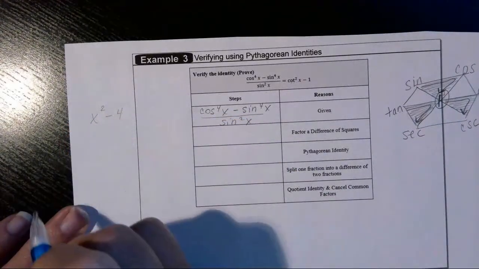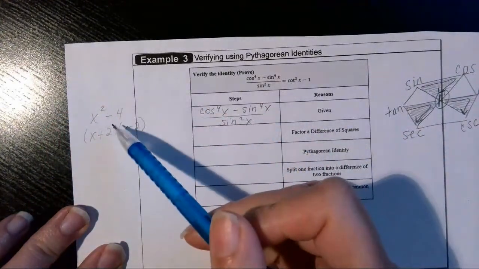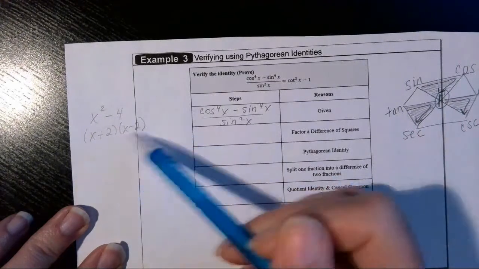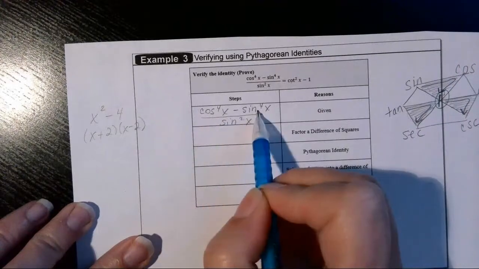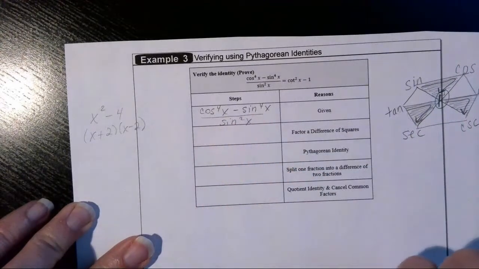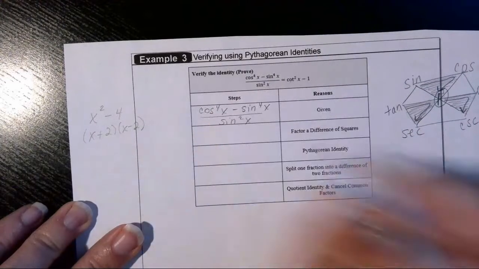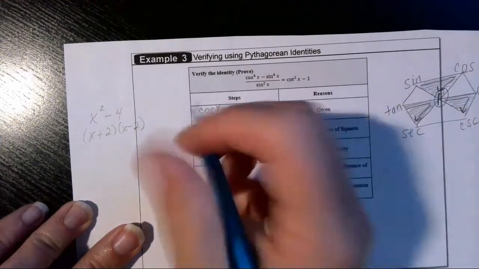Those are two perfect squares, so we would factor that into x plus 2, x minus 2, because with this shortcut for difference of squares, you square root the first term, square root the last term, and then the factors get opposite signs. So if we try that with this cosine to the fourth of x and this minus sine to the fourth of x, we need to square root the first term. So the square root of a fourth power is a square.